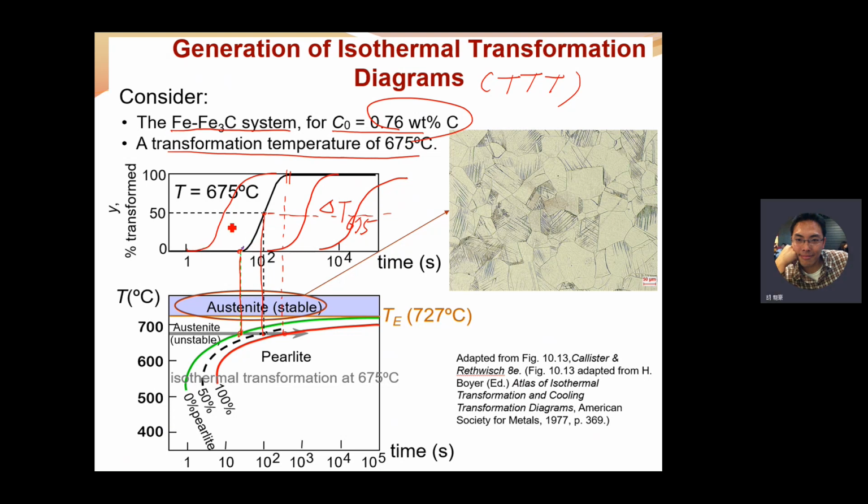Also we can transfer each delta T to the TTT diagram. You know what I'm saying? So I can plot this point, say like this point right here, and this point maybe here, and this point maybe here. Sorry, this point should be here.